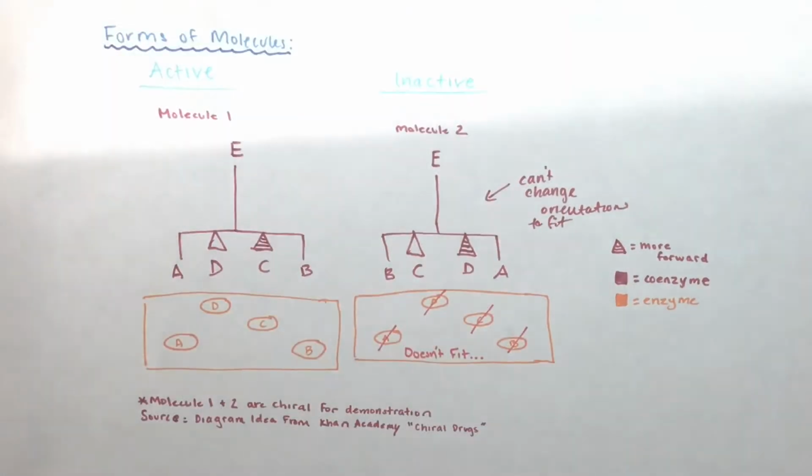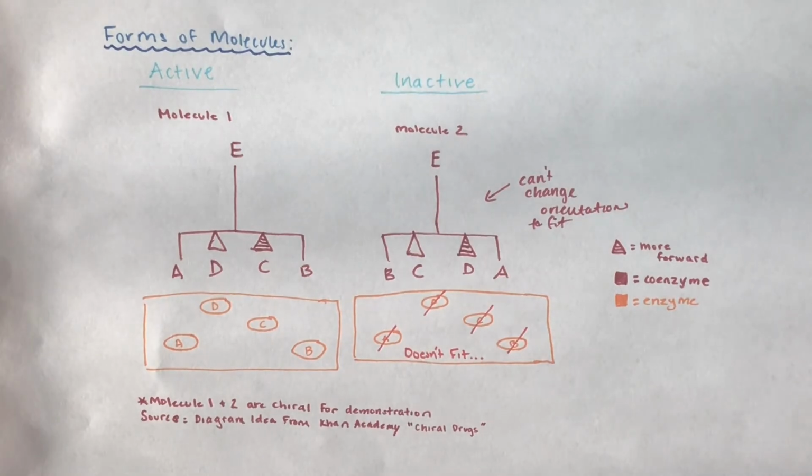So here I have not a specific example, but a demonstration of the theory behind why homochirality, and why the differences in these mirrored molecules, are actually important to how things work.